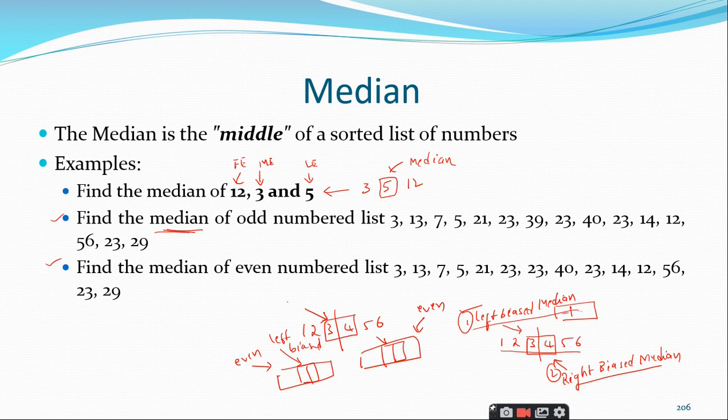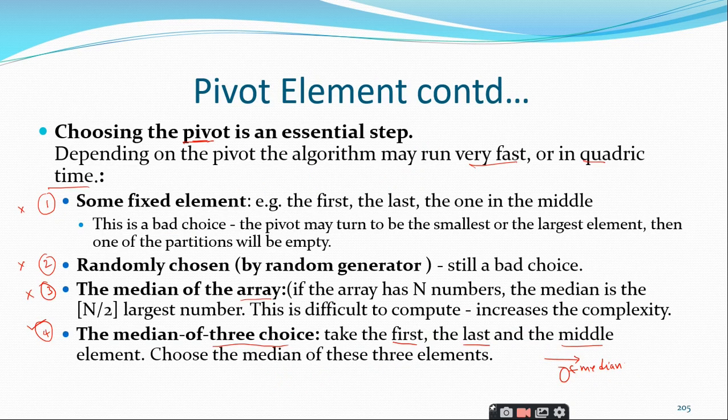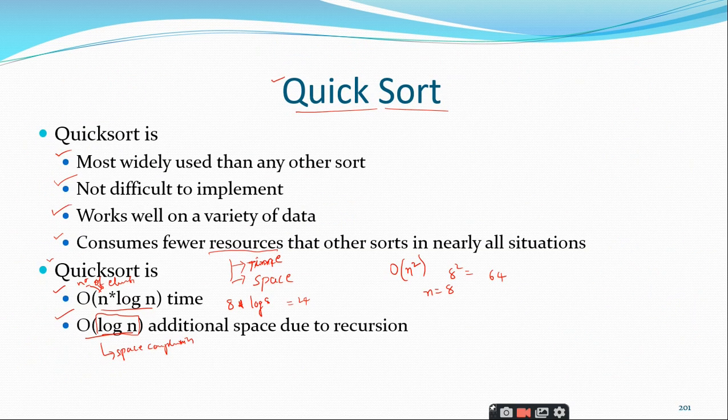The first topic we have discussed is the characteristics of quicksort, where we discussed that it is the most widely used, not difficult to implement, and works well with a wide variety of data. And then we have gone through the time complexity and the space complexity, where the time complexity is big O of n log n and the space complexity is big O of log n.